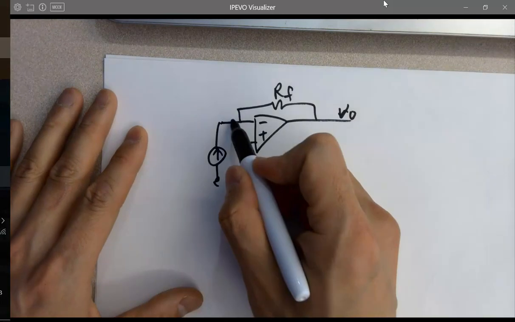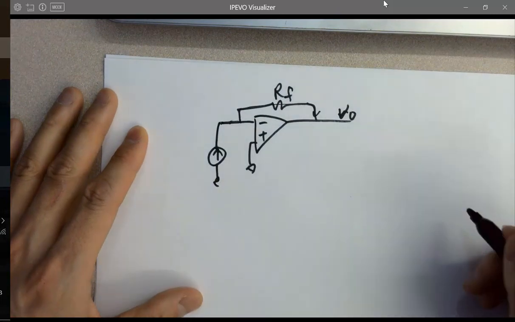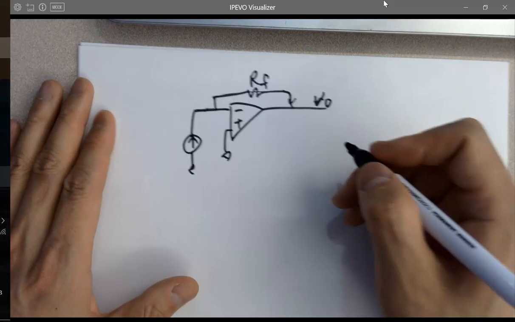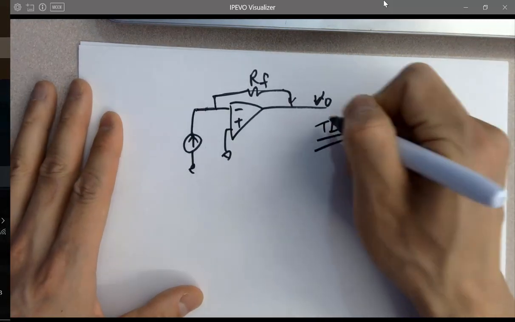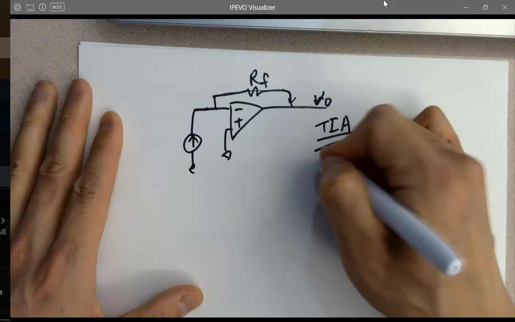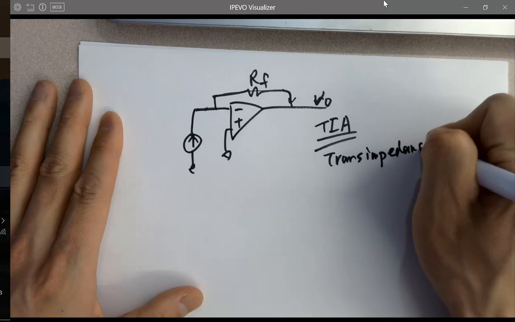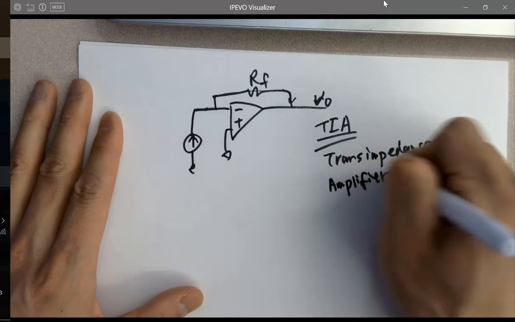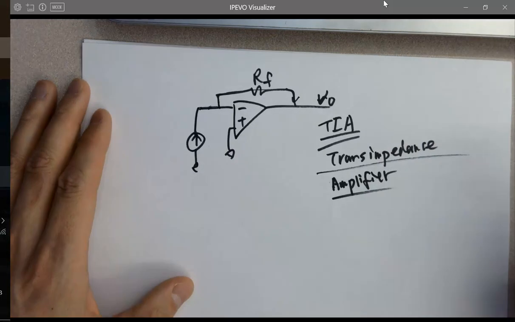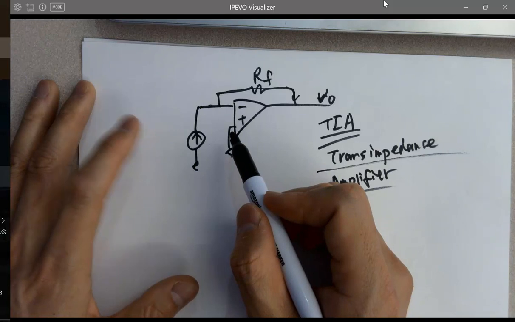You just don't have the R1 here. It's fine. Current is going to flow here. And this is a really ideal TIA, transimpedance amplifier. TIA, only for the inverting technology, not the non-inverting technology.